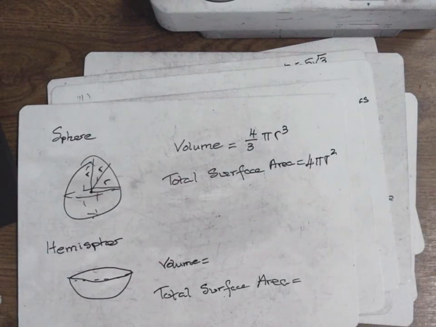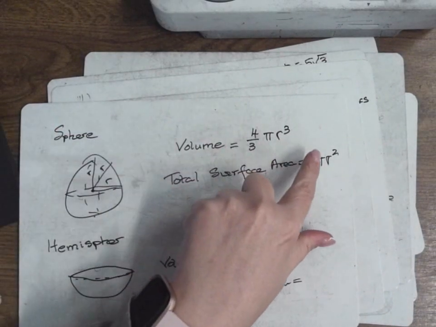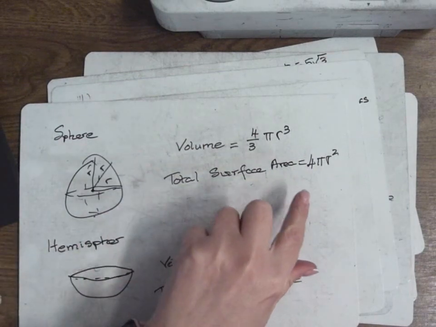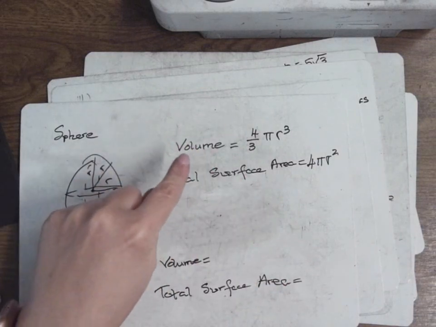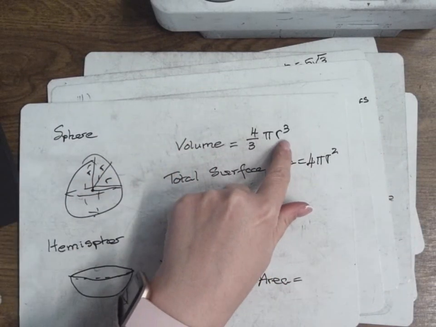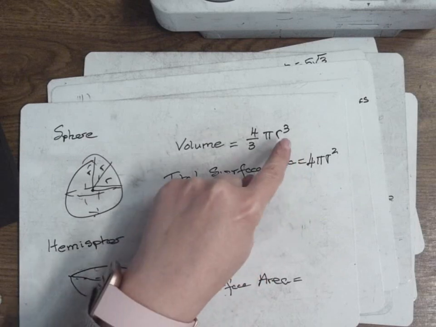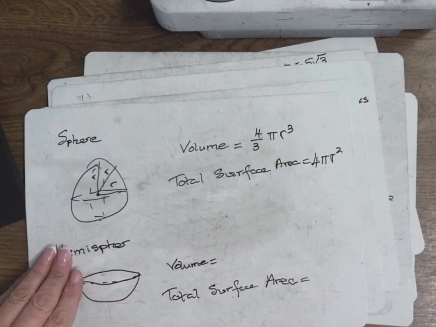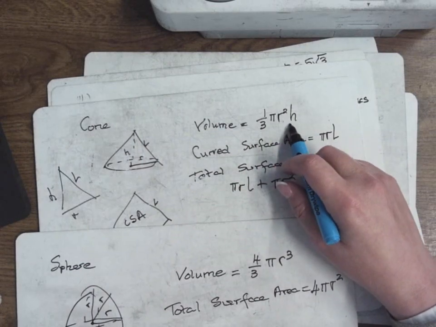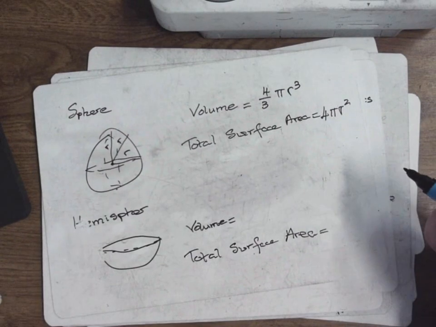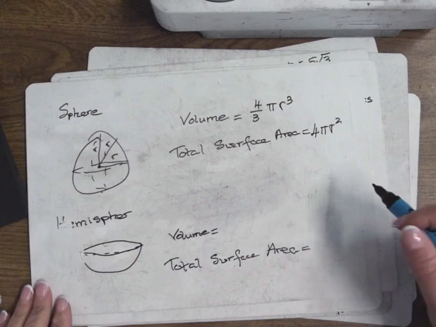Please note, as we're going through these, volumes always have a cubed in them, areas always have a squared. If you look at all the formulas, volume always has 3 lengths multiplied by each other, radius multiplied by radius multiplied by radius. If I just look back here for a minute, this one is radius multiplied by radius multiplied by height, so it's 3 lengths multiplied together to get a volume.